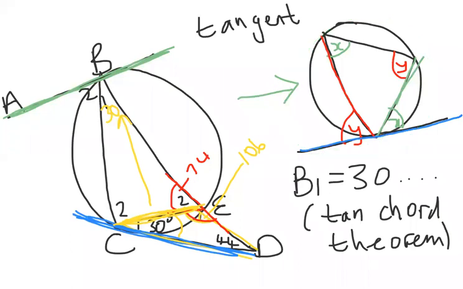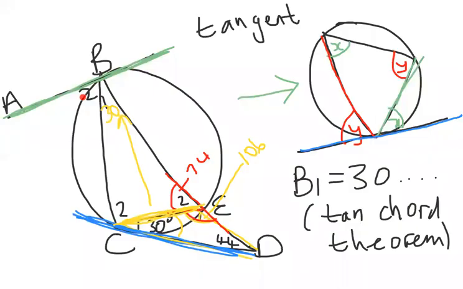The second one that they want is B2. So let's see if we can use B2, or what can we use? Let me just think about it. Okay, so we already worked out this E2 over here, which is 74. We already worked it out before we knew we were going to use it.